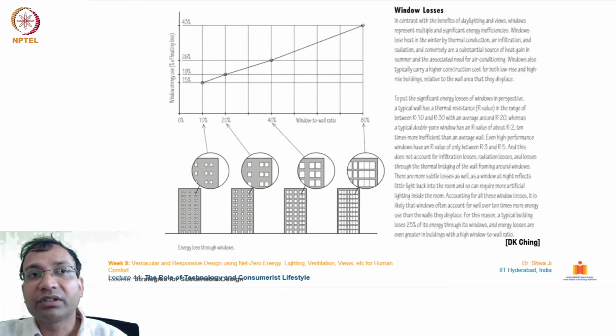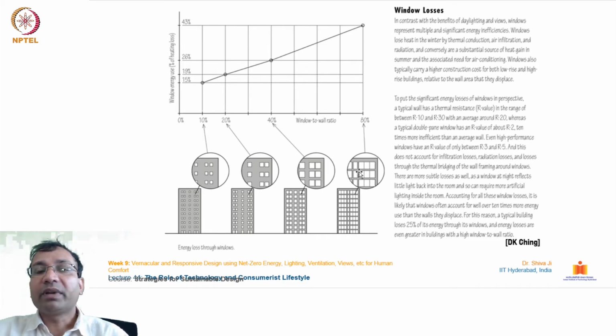Further, how much are the losses through the window? The window energy use is on the y scale, as a percentage of heating loss, and on this scale we have the WWR ratio from 0 to 80%. With this illustration you can understand what WWR is about.